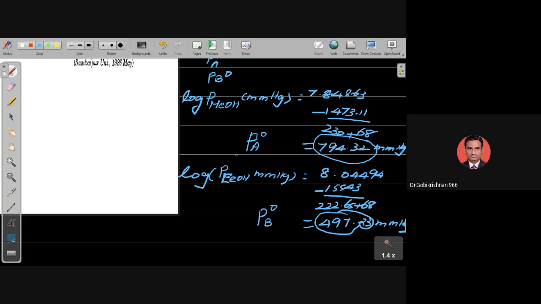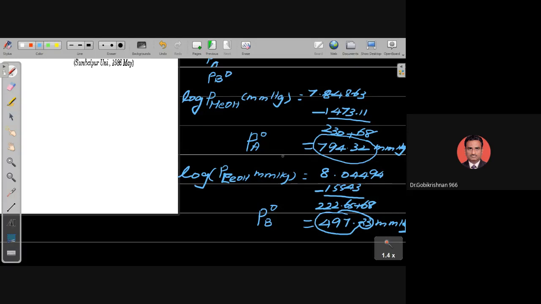The total pressure of the system is given as 1 atmosphere, which is equal to 760 mm of mercury. You substitute in both equations and try to find the temperature. The temperature term is in the denominator on the left side, which you have to find out. Initially we did that and found that the boiling temperature of ethanol is 78 and the boiling temperature of methanol is 65.